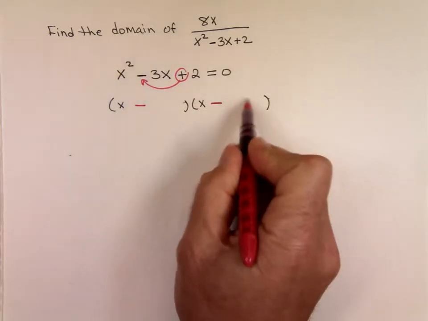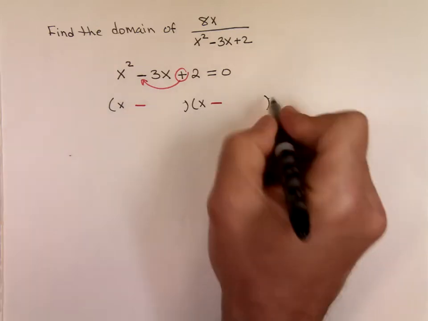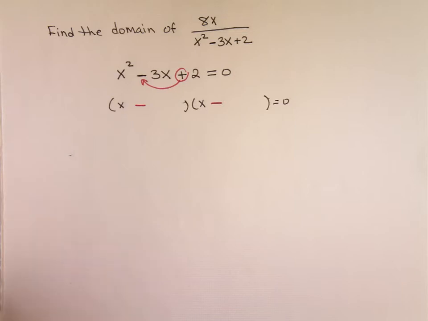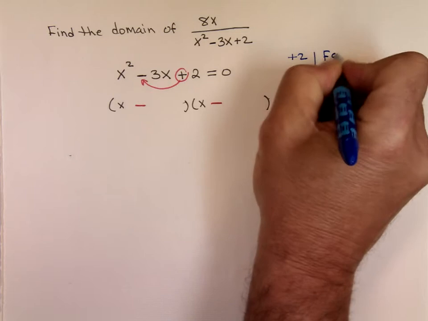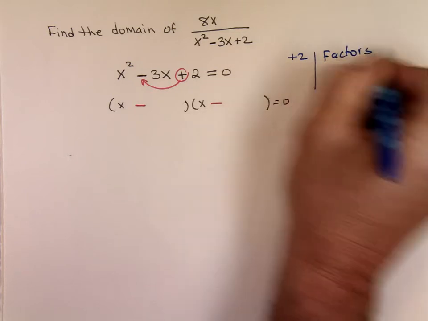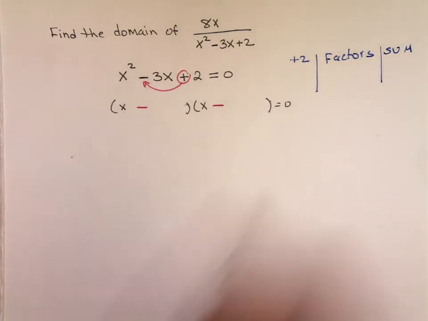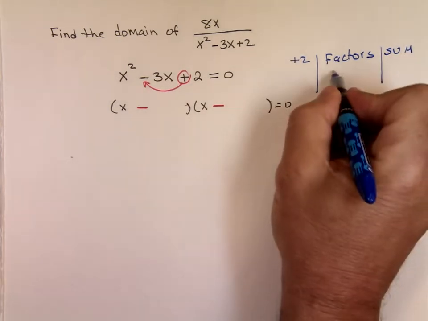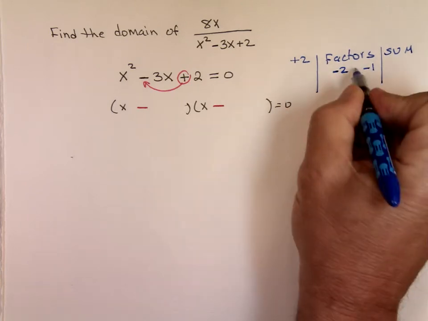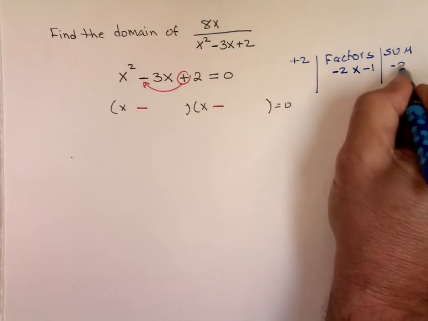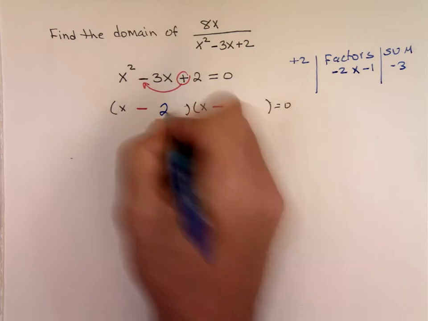I need to figure out what the two numbers are. Let me list the factors of plus 2 and the sum. Since both numbers are going to be negative, the plus 2 is negative 2 times negative 1. That's the only way to get a plus 2. And when you add them, that's a negative 3, and that's what you want. So the two numbers are negative 2 and negative 1.